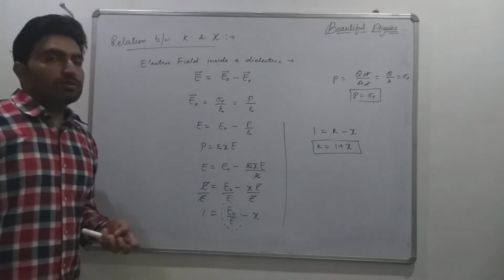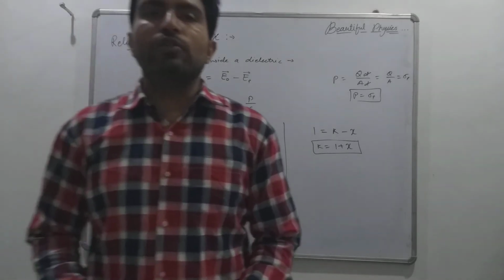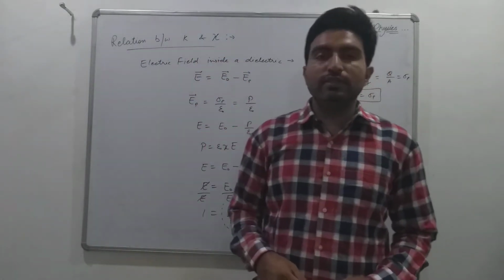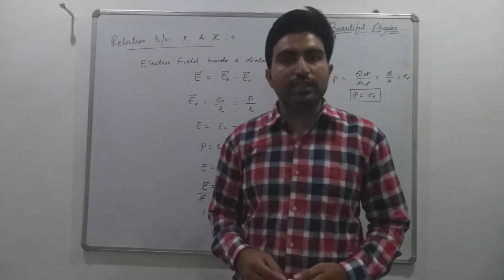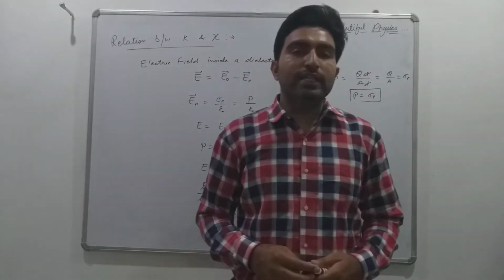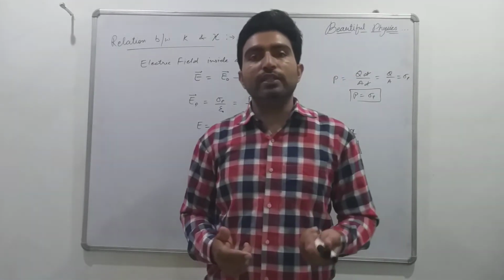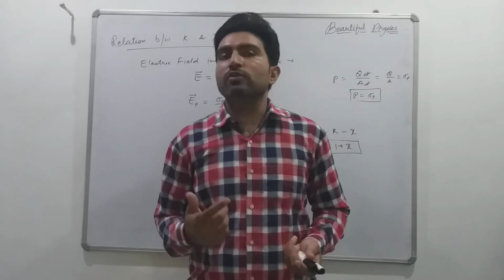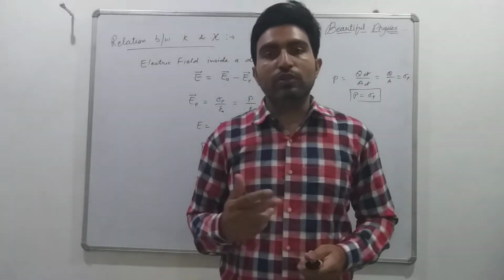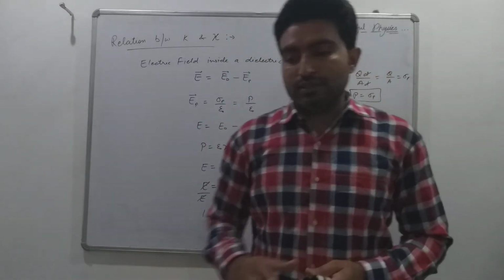Now we will discuss a term known as dielectric strength. Dielectric strength is different for different dielectrics, and it is defined as the maximum electric field that can exist inside a dielectric without losing its dielectric or insulating properties.